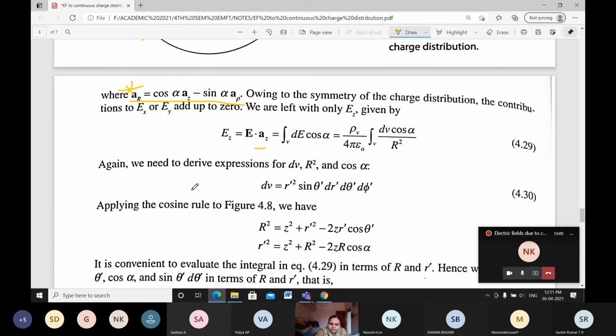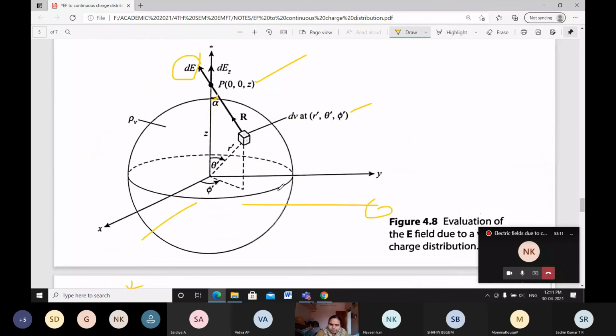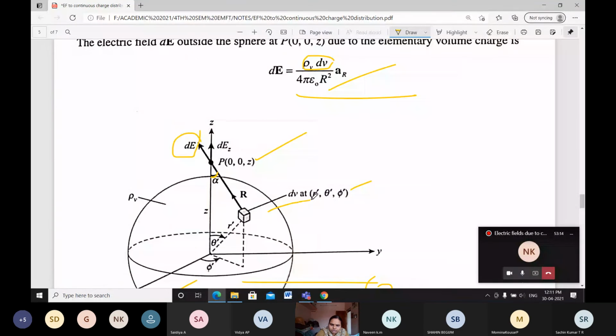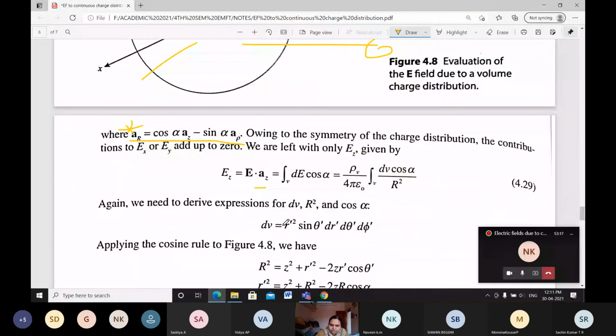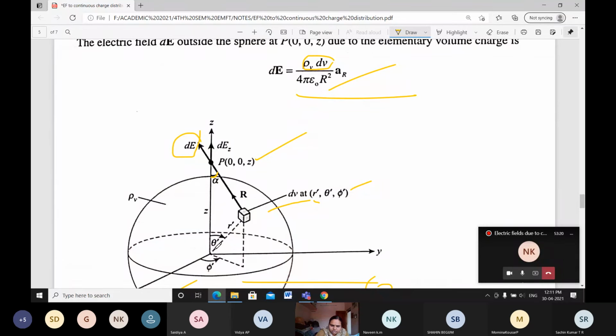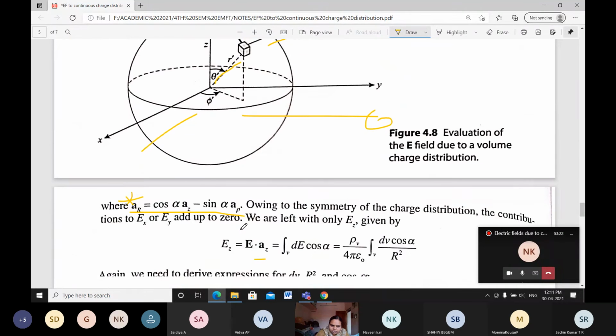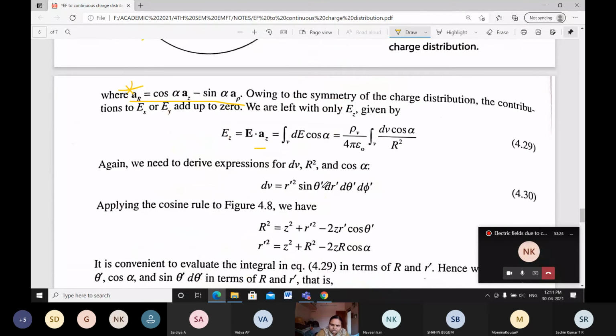Then the expressions for dv, r square and cos alpha. dv is going to be equal to r dash square sin theta dash dr dash d theta dash d phi dash, because it's a volume equation we have already taken for the sphere.